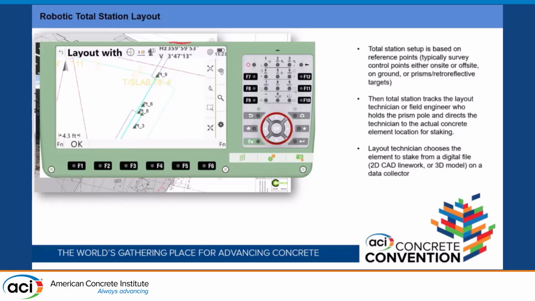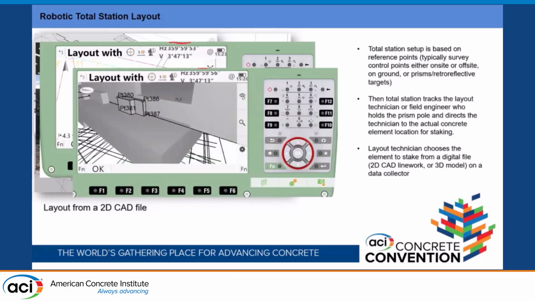Traditionally, you can still load a 2D CAD plan, so you have the line work. For example, that little porch I showed earlier, you can load those points and line work and still use the 2D plan to do the layout. Or, like in our case, we have a 3D model. With the IFC exchange, most of the total station manufacturers support the IFC model now.